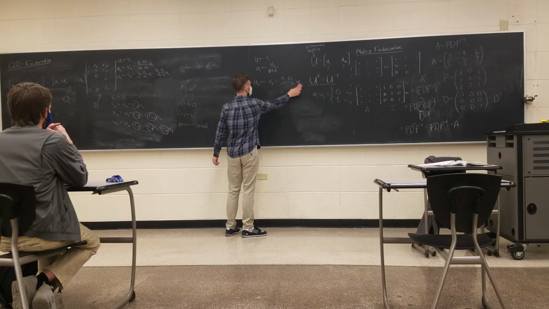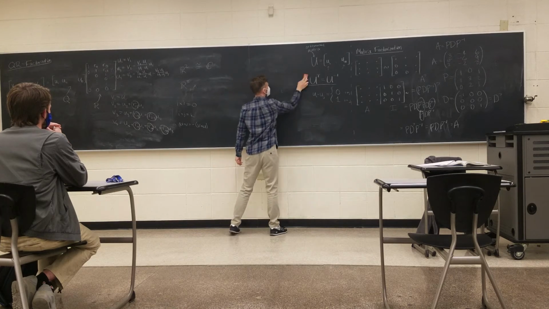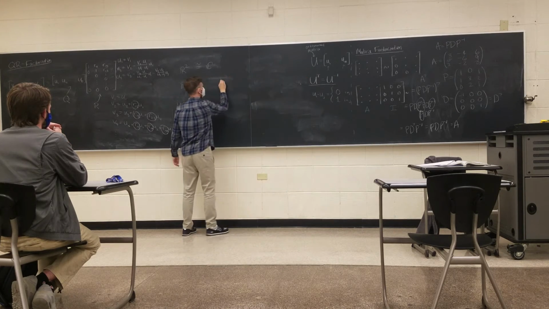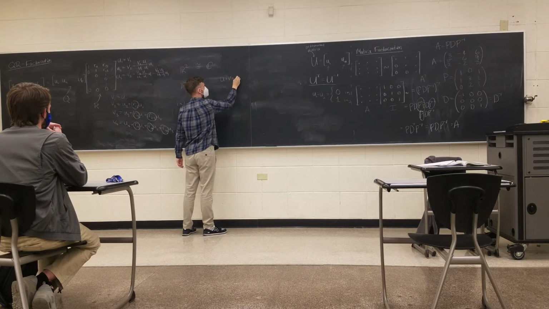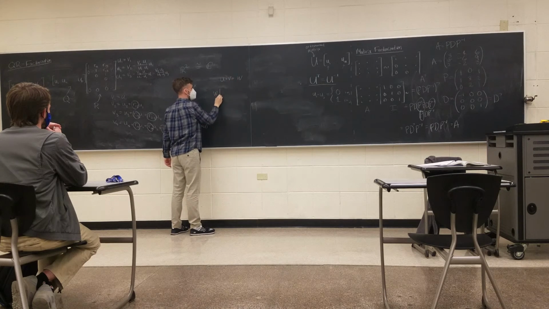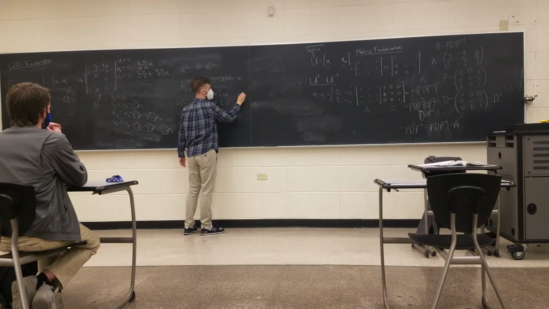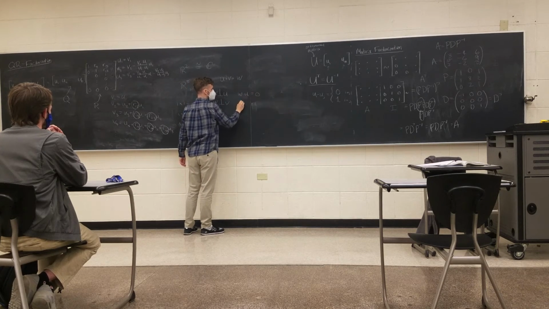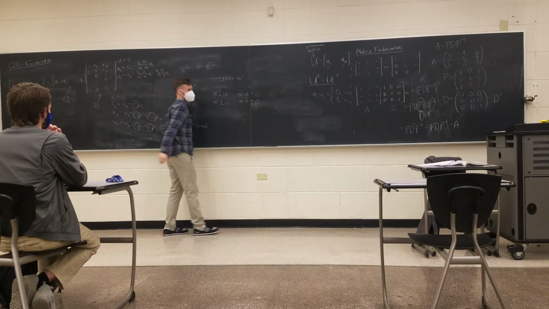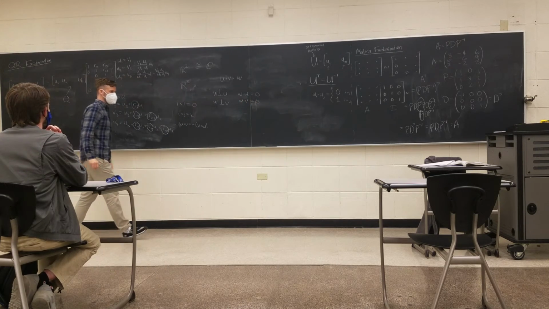However, it does have one very interesting property: if you say U cross V equals W, then W is orthogonal to U, and W is orthogonal to V, or we could say W dot U is equal to 0, and W dot V is equal to 0.